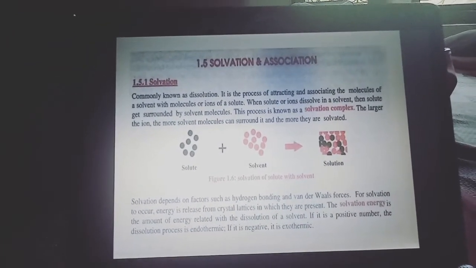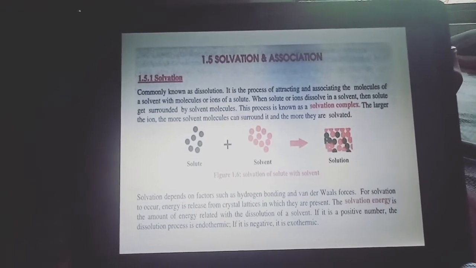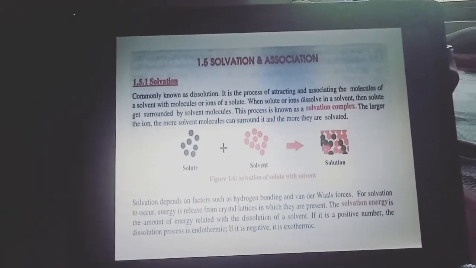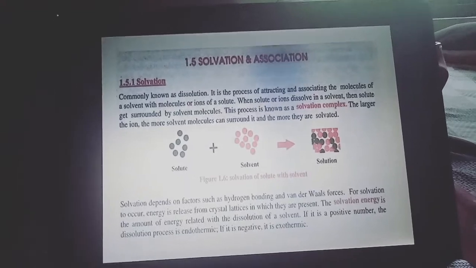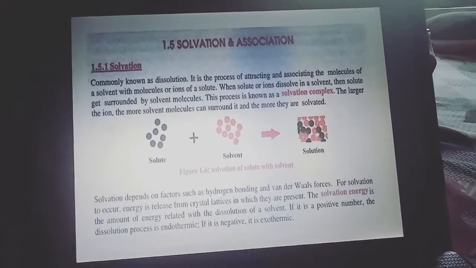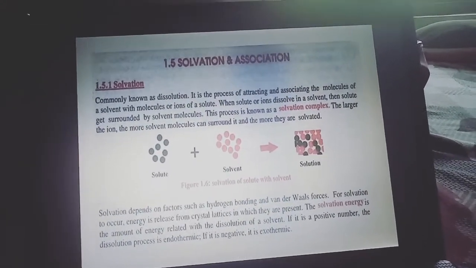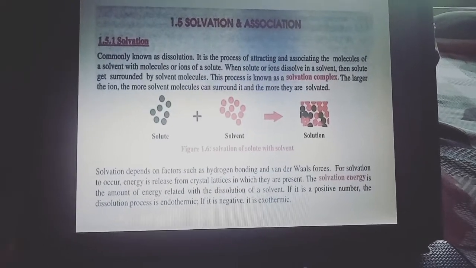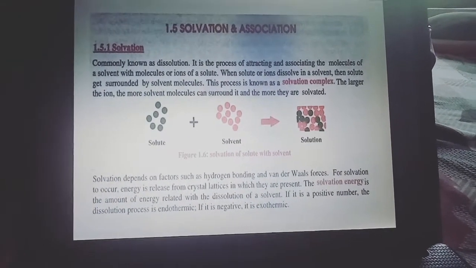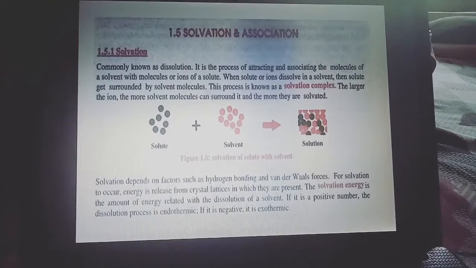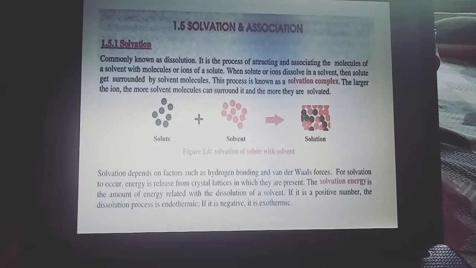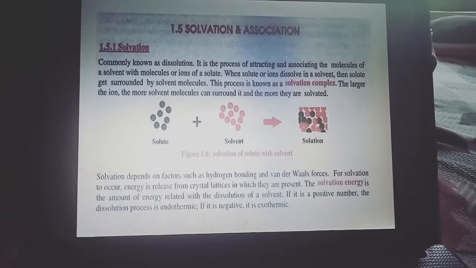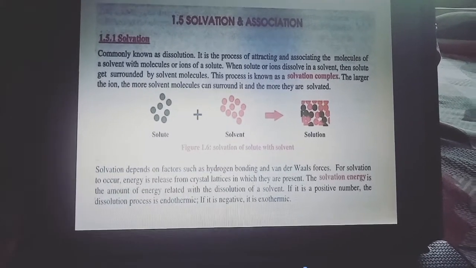Means in this figure you can see solute molecules plus solvent molecules. They will form the solution. Means solute will associate or attract with the solvent molecules to form the solution. This process is called the solvation process. Means formation of solution, or it is also called dissolution.